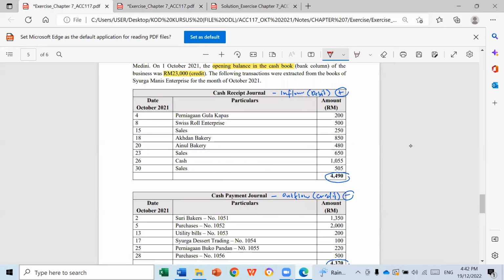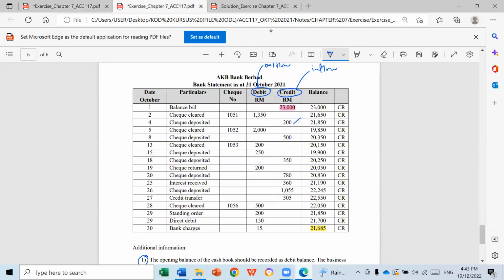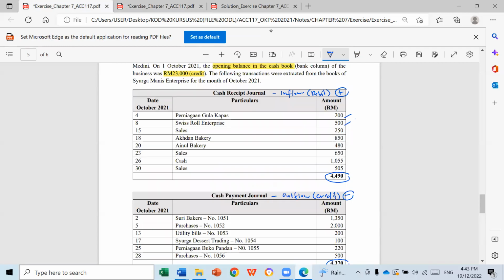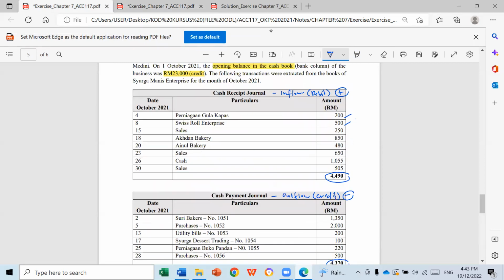We have 200. Next, 500. 500, yes. Then 250 on the 15th of October. No, you don't have. Next is 18 October, 850.